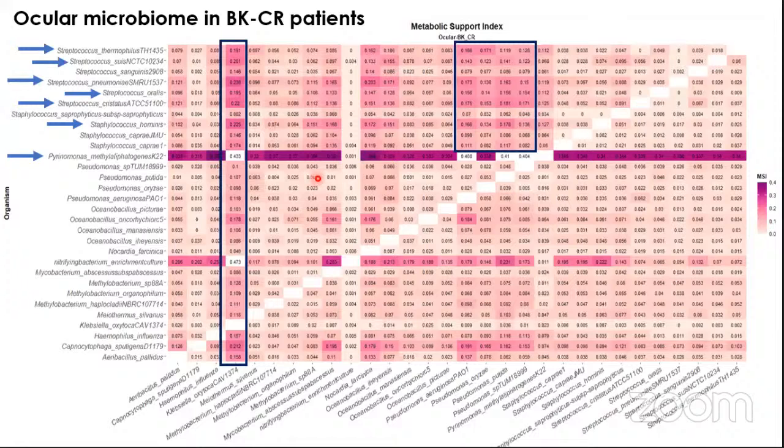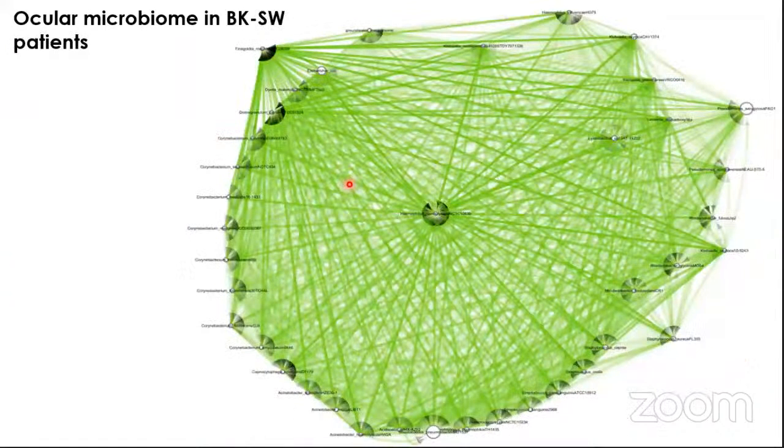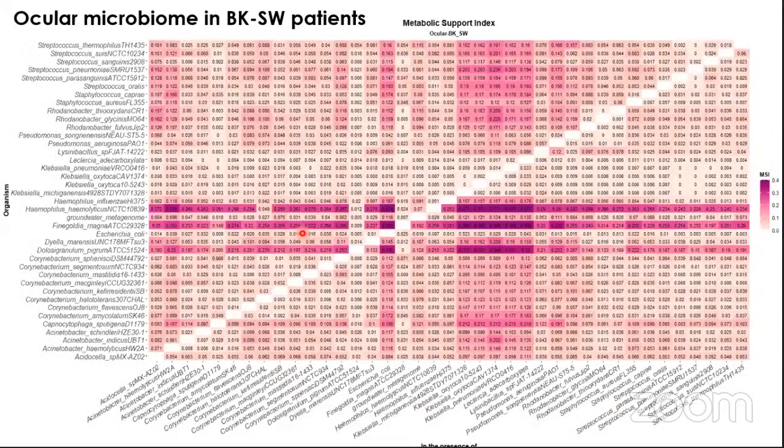So now let's move on to the other sample, which is the bacterial keratosis sample obtained from corneal swabs. So this is the network for it. So likewise, we'll look into it. We see a big cluster here, which corresponds to microbes like Klebsiella. So all these belong to Klebsiella.